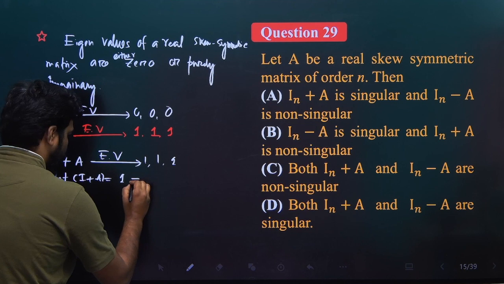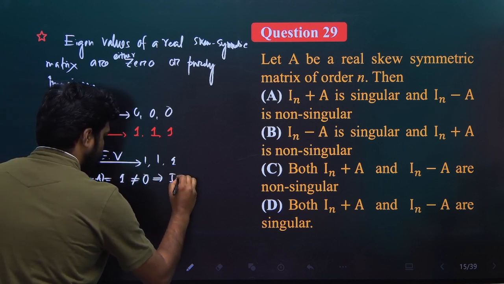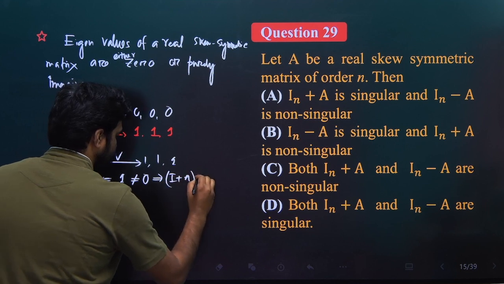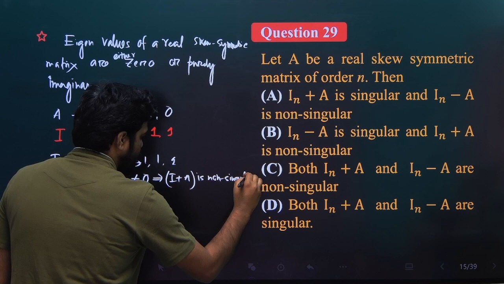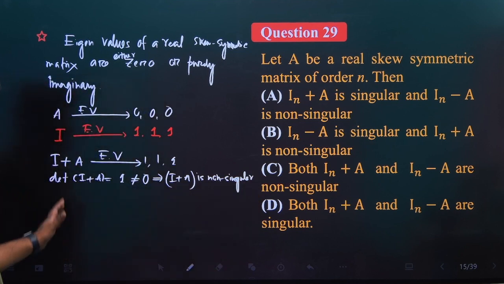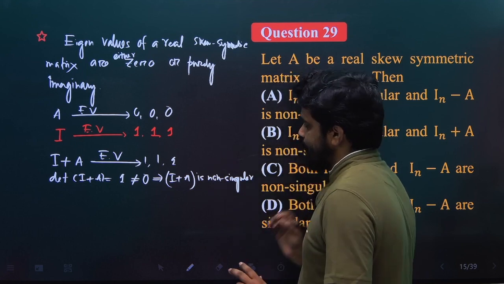Determinant of I plus A is not equal to 0. So this implies I plus A is non-singular. Getting my point?